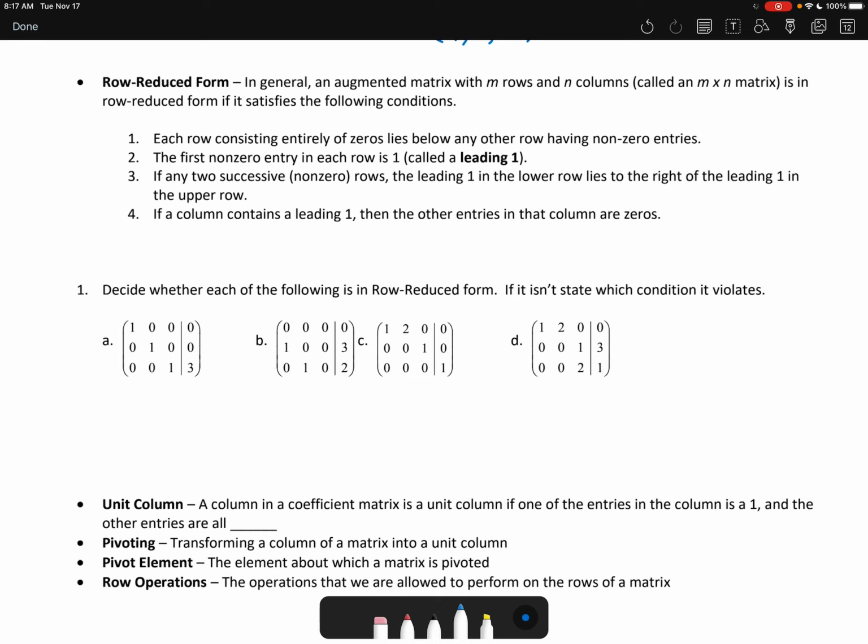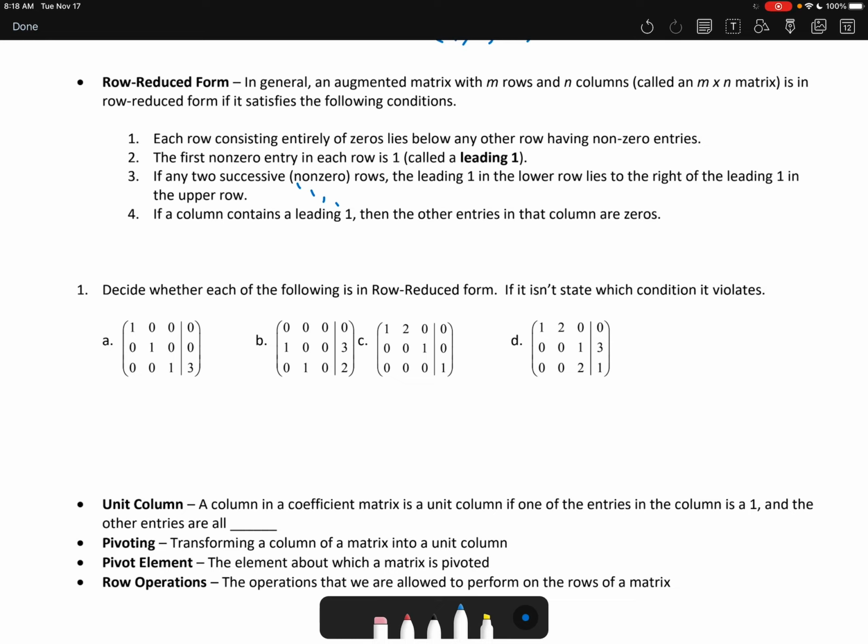So the 1s basically have to make a diagonal like this. They have to go down and to the right. And then the last rule is that if a column contains a leading 1, then all the other entries in that column are zeros. So let's actually look at a few and apply those rules and see, are these in row-reduced form or not? And if it's not, we're going to state which one of these rules it violates.